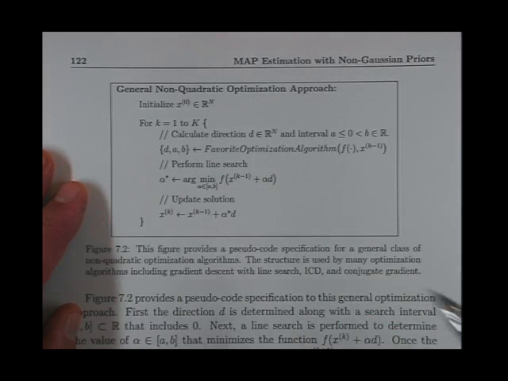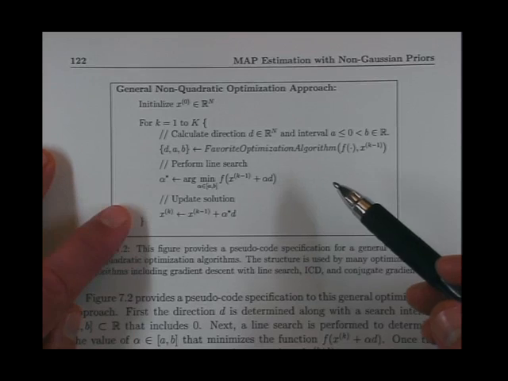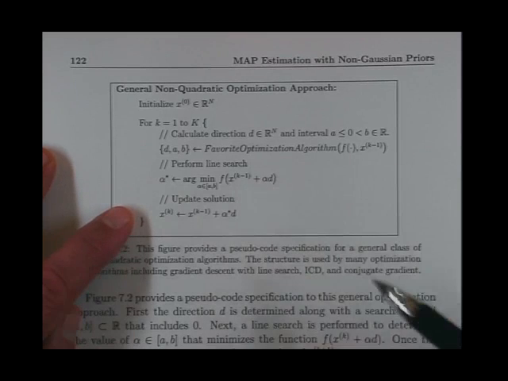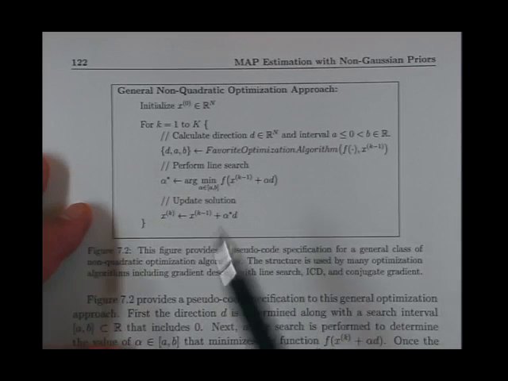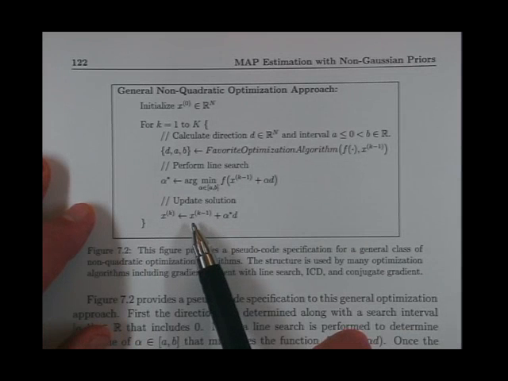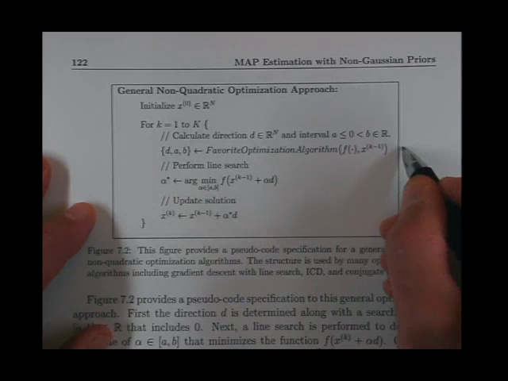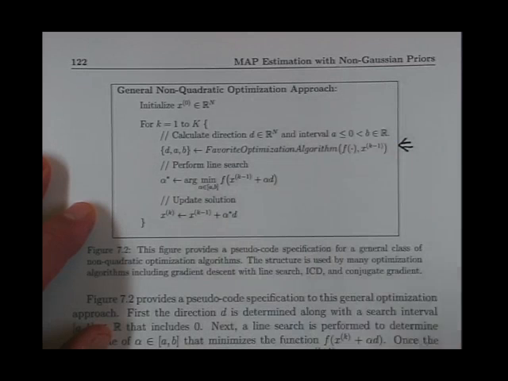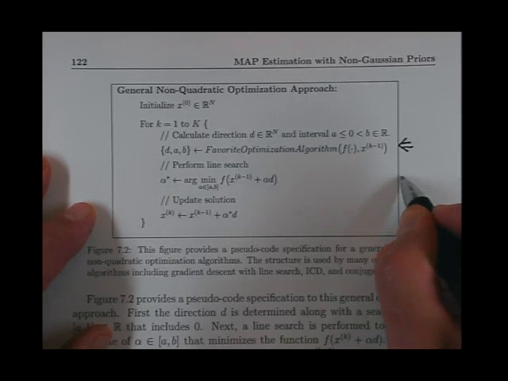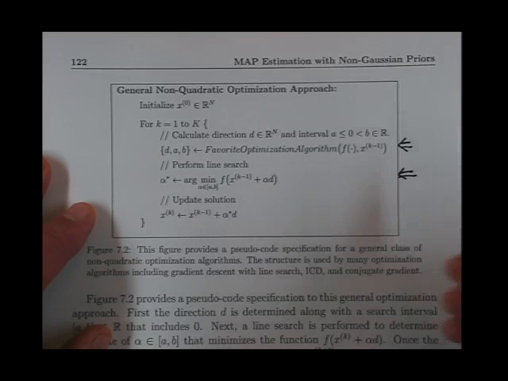So now, generally this is not a huge amount of computation, just updating the image. Most of the computation is usually either in the selection of the update direction and/or the calculation of the line search.